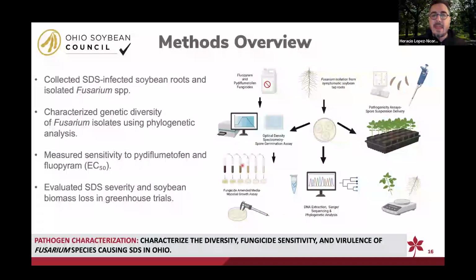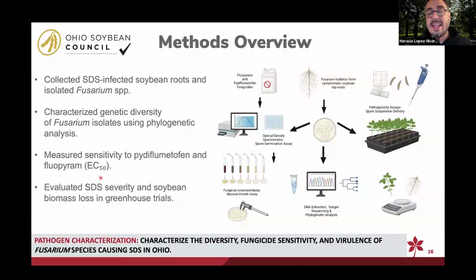And then we essentially exposed them to two active ingredients: PD flumetofen, which is the active ingredient of Saltro, a good product against SDS, and then fluopyram, another good seed treatment for SDS. So we used those two active ingredients and exposed our isolates to different doses.